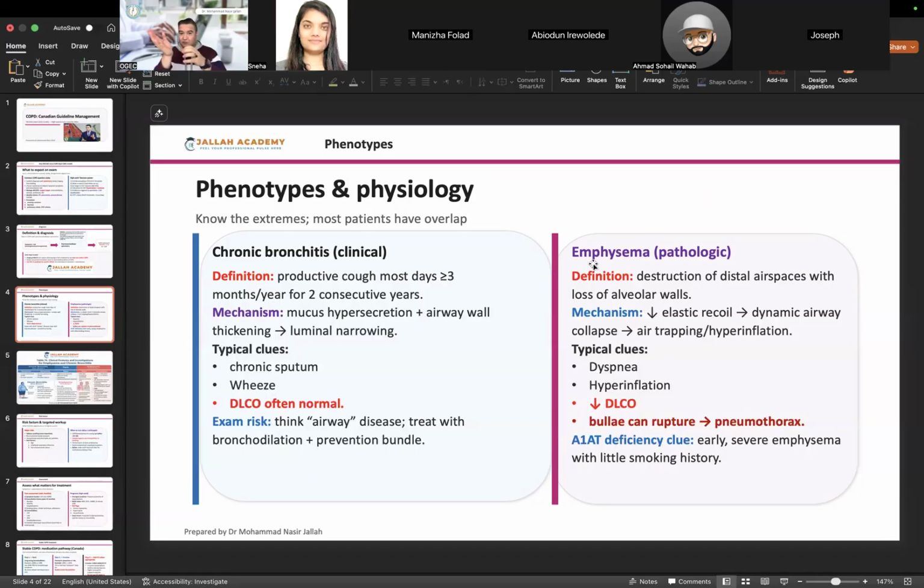Or they might be a smoker, but very mildly, occasionally, but still they have COPD, as opposed to chronic bronchitis, where smoking will be the main risk factor. So in this case, if they are young, with no history or a mild history of smoking, then go after alpha-1 antitrypsin deficiency. Check it.